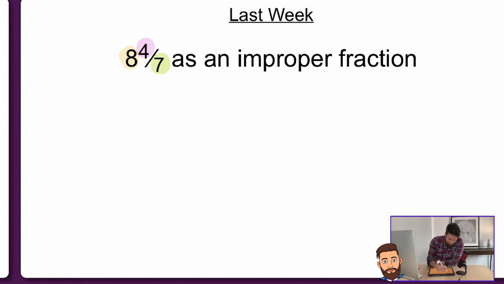So we're going to do 7 times 8 and then add on the 4. So 7 times 8 is 56, plus the 4 is 60. Over, remember, the little trick is it will always be over the same denominator, over 7. So you should have got 60 over 7.